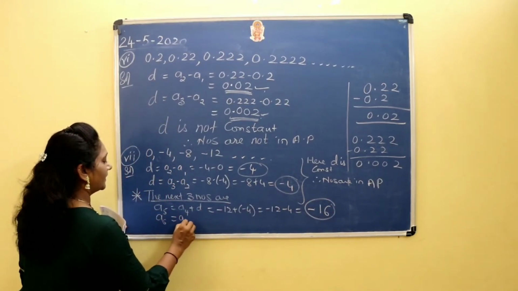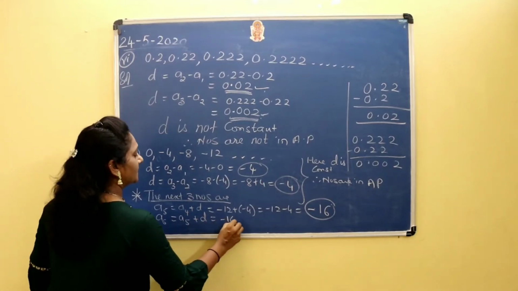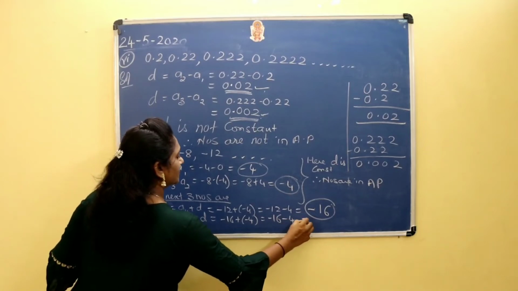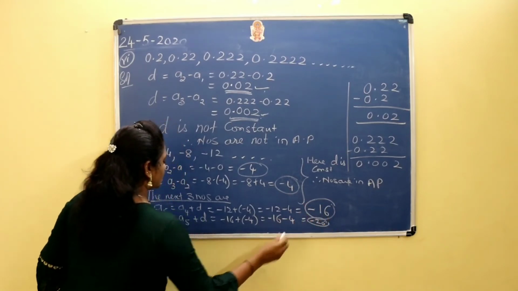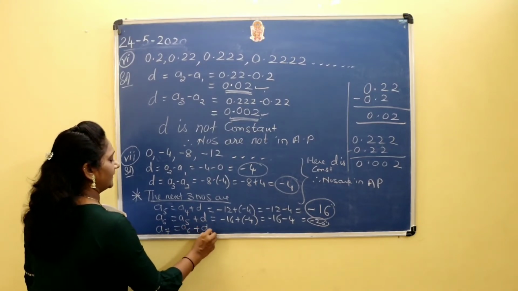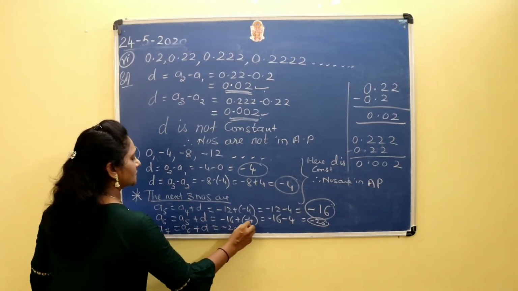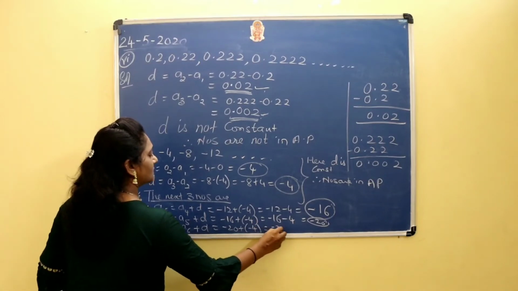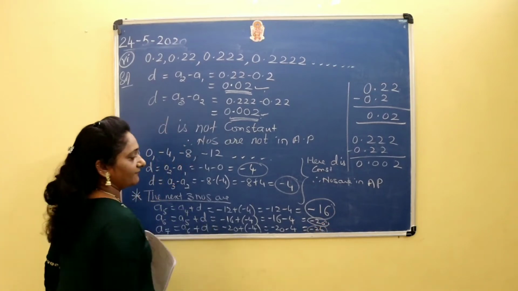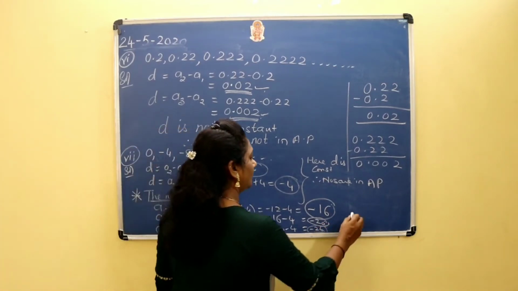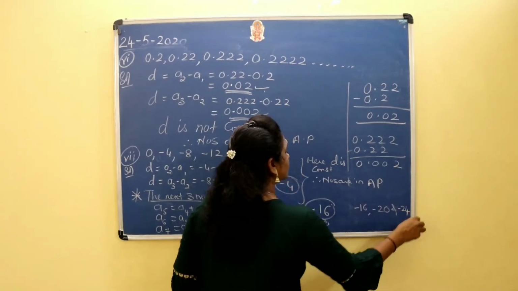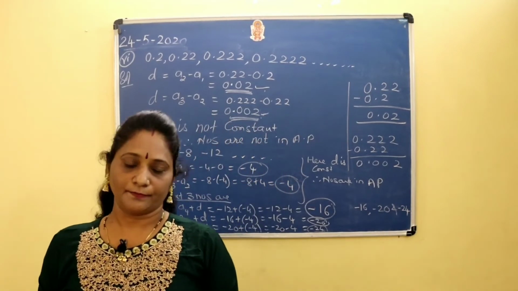A6 is equal to A5 plus D. Minus 16 plus of minus 4, minus 16 minus 4 is minus 20. A7 is equal to A6 plus D. It is minus 20 plus of minus 4. Minus 20 minus 4 will give you minus 24. Therefore, the next three terms are minus 16, minus 20 and minus 24.